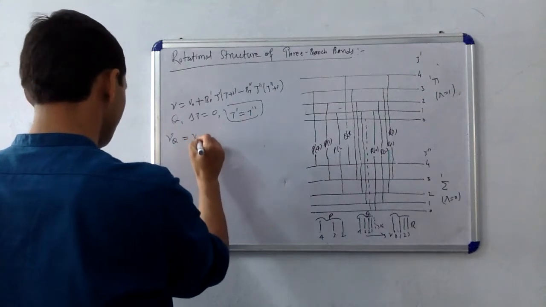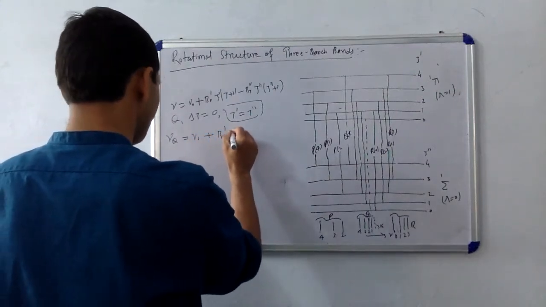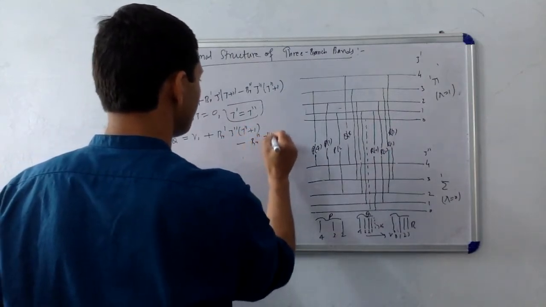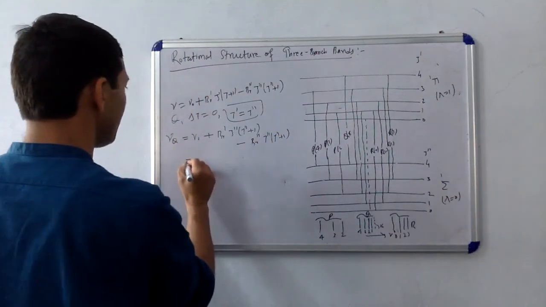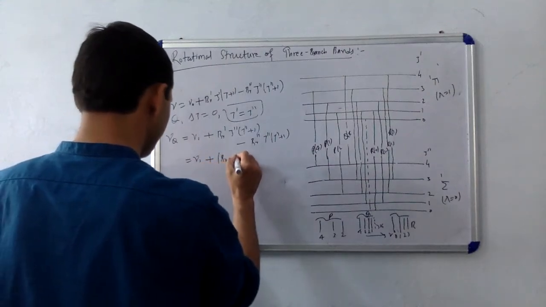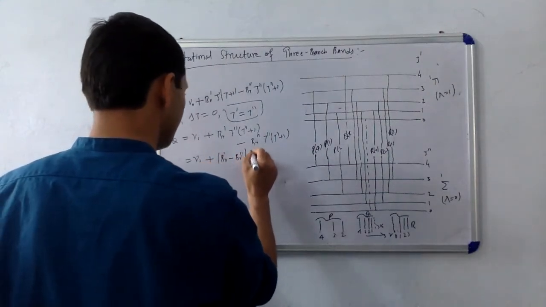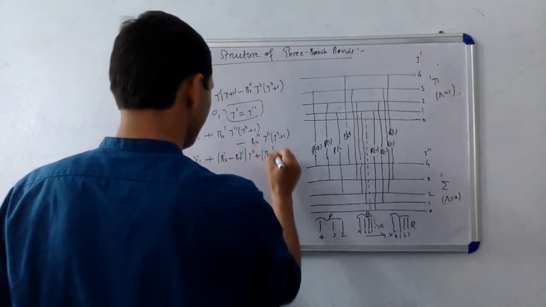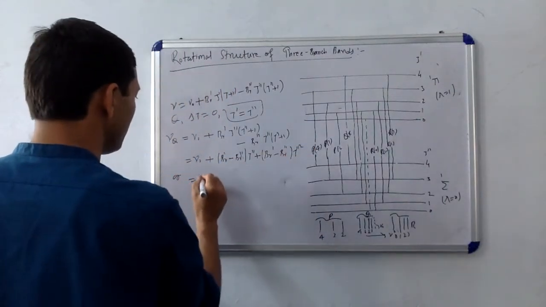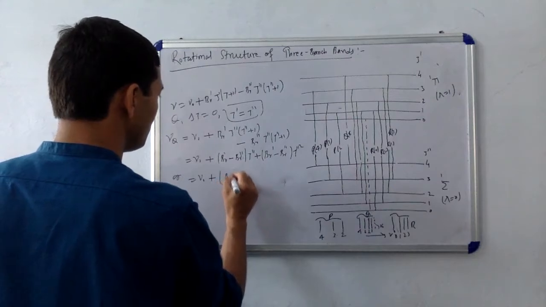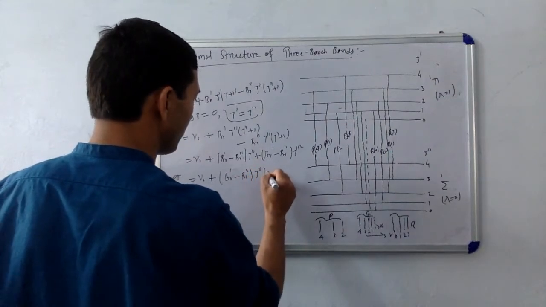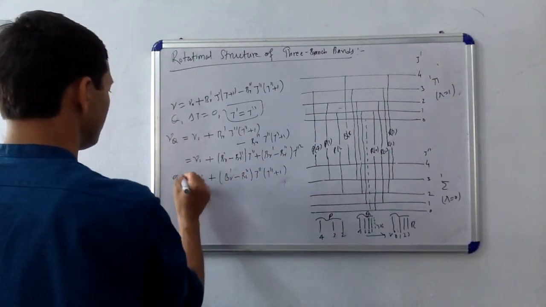Simply, that is nu naught plus B nu prime minus B nu double prime of J double prime of J double prime plus 1, or simply, I could write nu naught plus B nu prime minus B nu double prime of J double prime plus B nu prime minus B nu double prime of J double prime square, or nu naught plus B nu prime minus B nu double prime of J double prime of J double prime plus 1, that is nu Q.